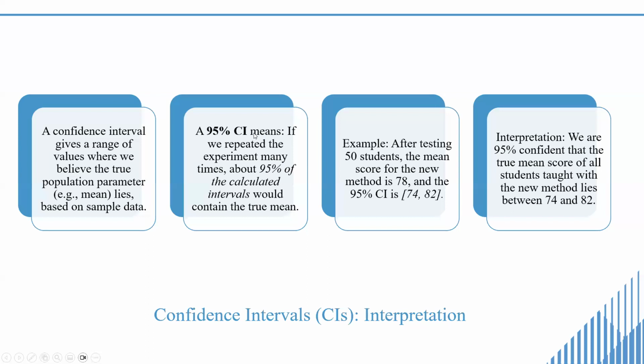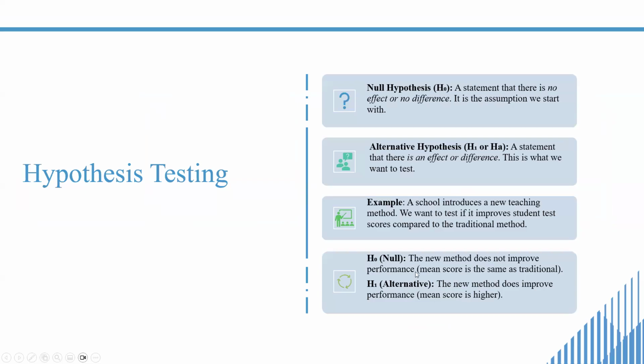A 95% confidence interval means if we repeated the experiment many times, about 95% of the calculated intervals would contain the mean. So it's just like the result for this example.